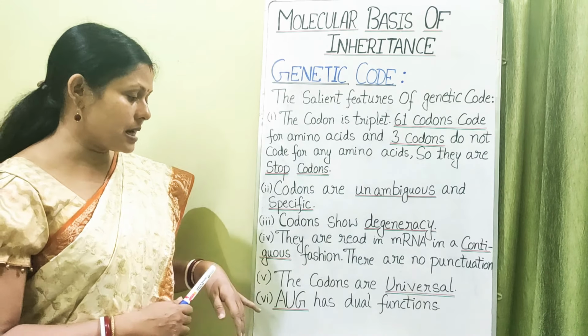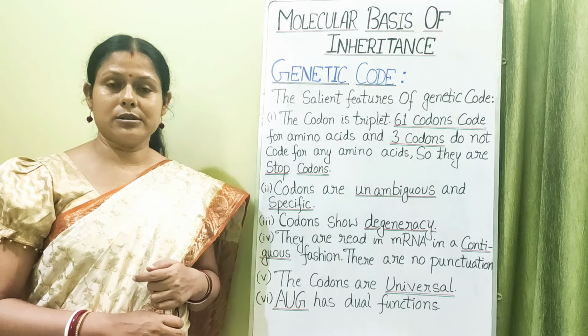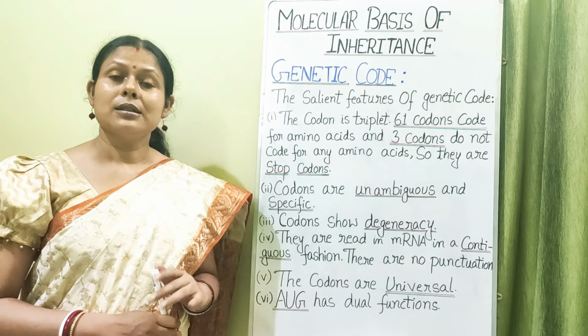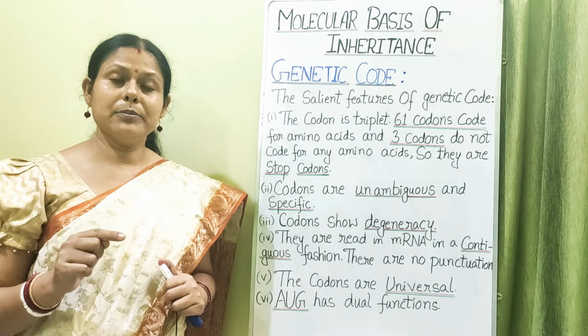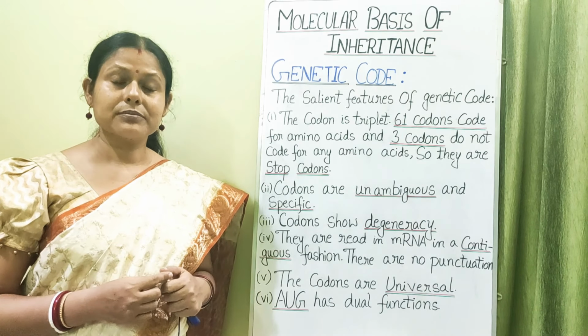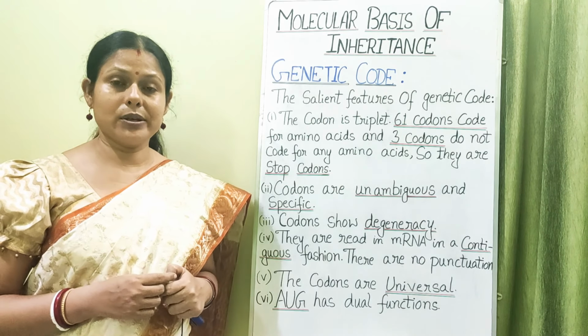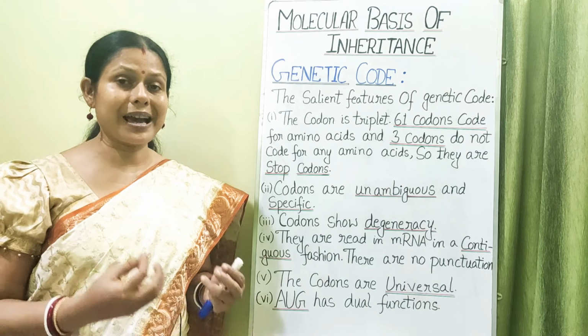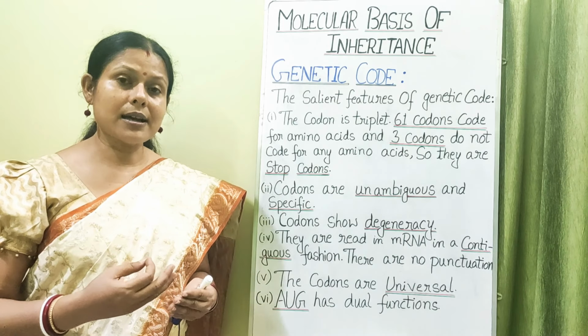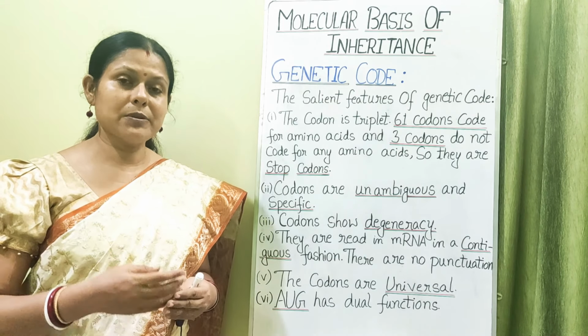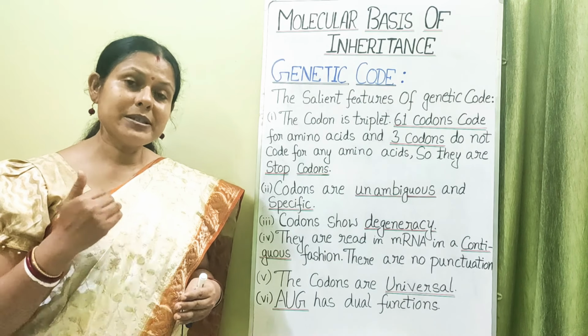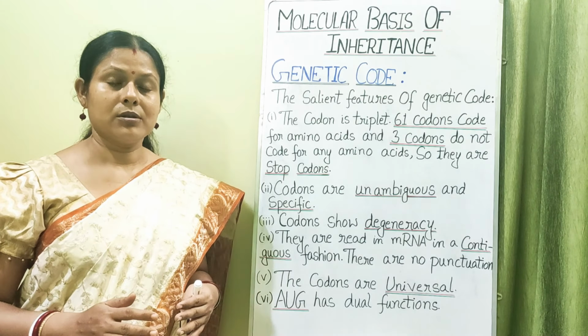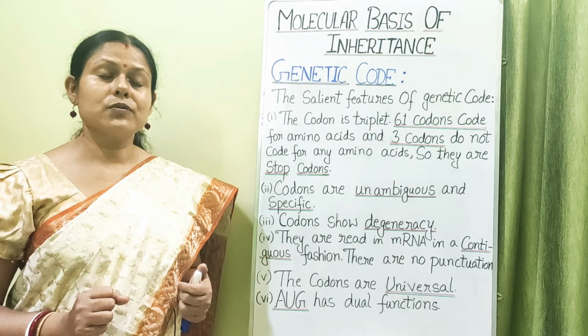The 5th point is that the codons are universal. This is very important. That means whatever codon, that is the nucleotide sequence, is responsible for an amino acid in bacteria, will be the same for human beings also.